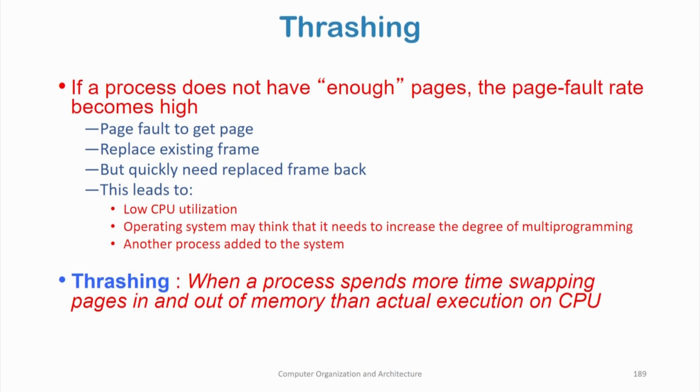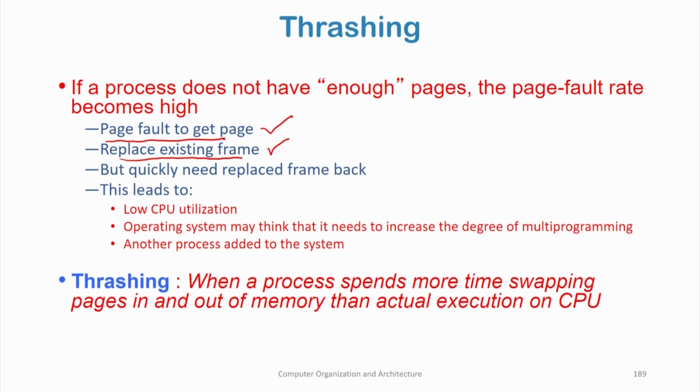Now, we need to do a page fault to get this page. Then we need to replace an existing frame, because it does not have enough frames in memory. All its pages that are there in its frames are in active use.